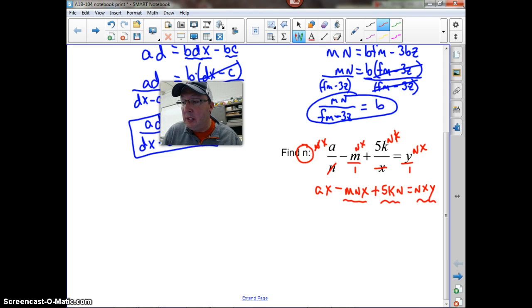What I would do is I would send everything over to the right side. So I'm going to add mnx, and I'm going to subtract 5kn. Now, it's getting kind of messy here. So this is what I have.